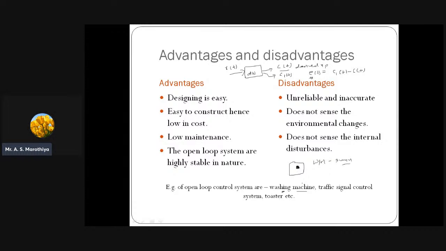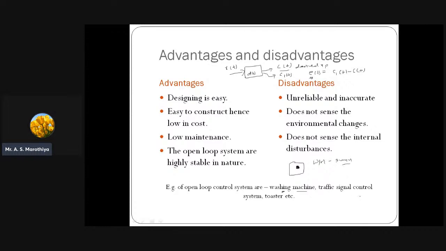So if the machine is fully automated, we can treat that system as closed loop. But because the machine is not fully automated, it is an open loop system where we need to define all the parameters initially, and once the defined parameters are over, the system stops working, irrespective of whether the objective is achieved or not.